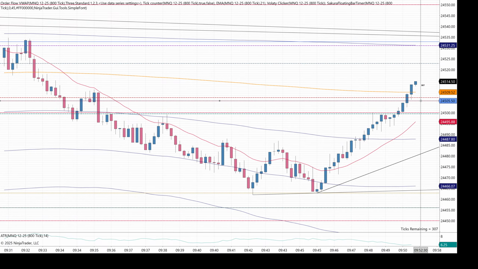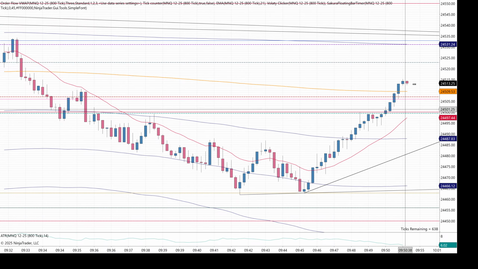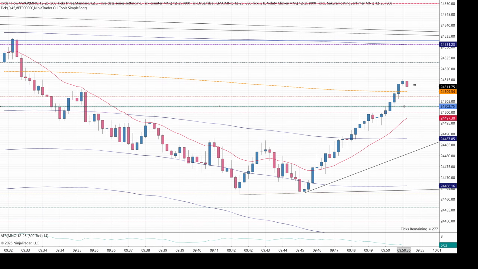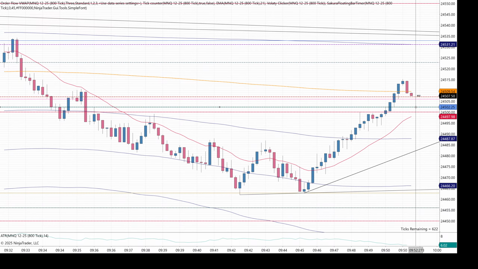We're definitely sweeping through all the resistance levels I talked about earlier. And the 8 EMA is at 503. 502 now.